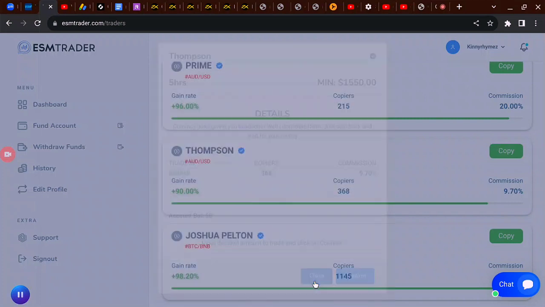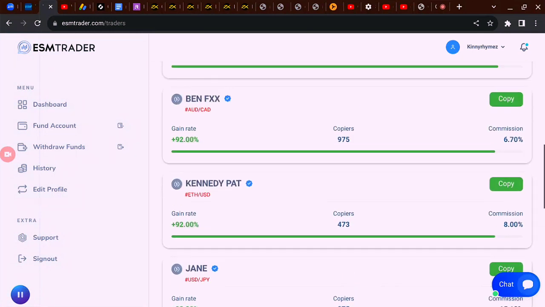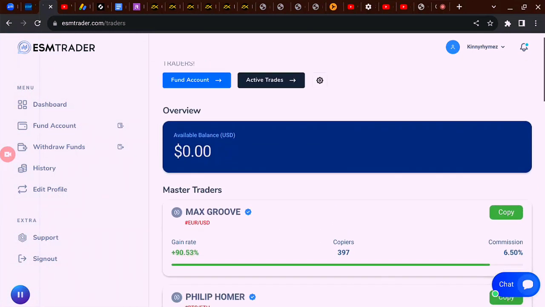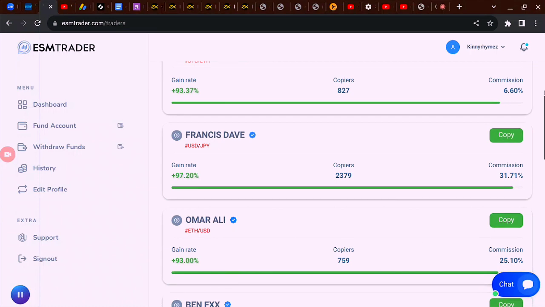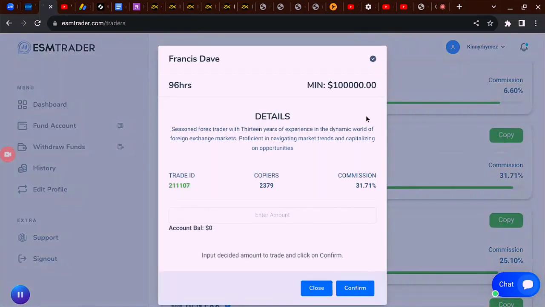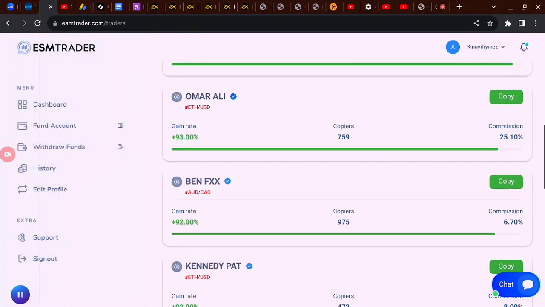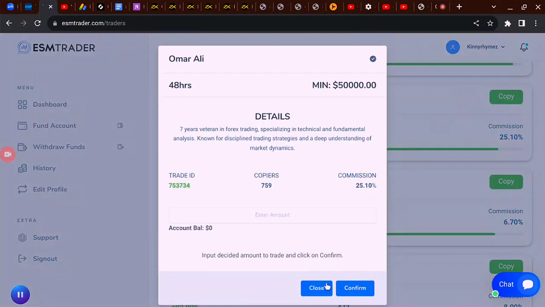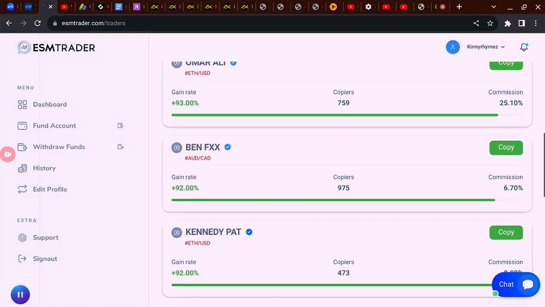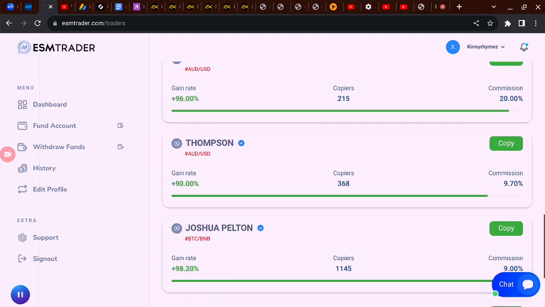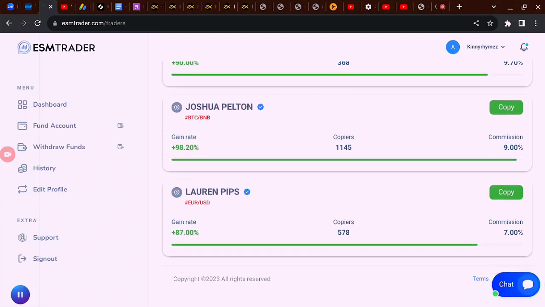So that's how it is. This person too, wow. Obviously the higher the commission, the higher the money you invest. The 25% needs higher money instead of 10. So the higher the investment, the higher the commission you'll be getting.